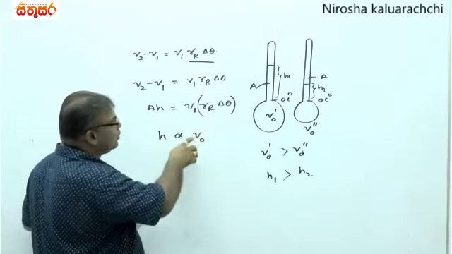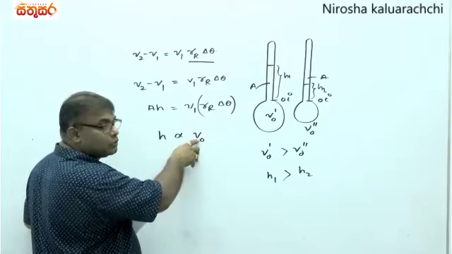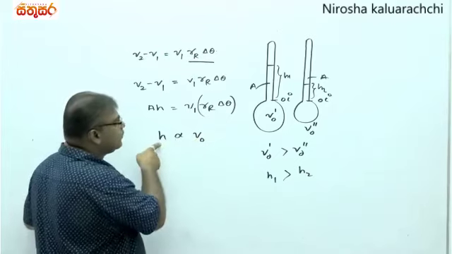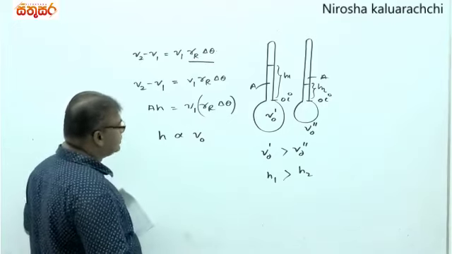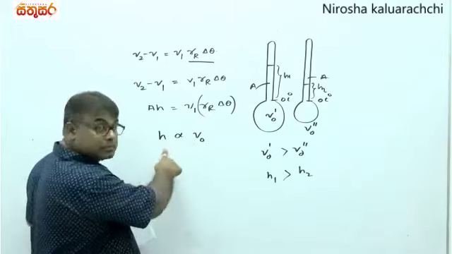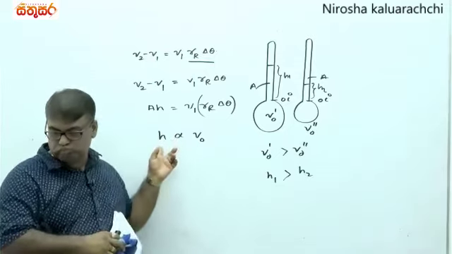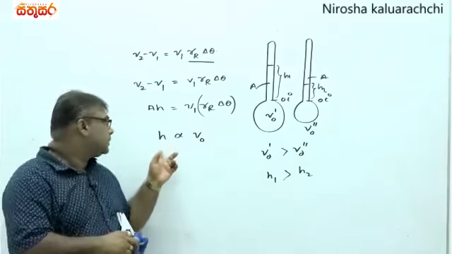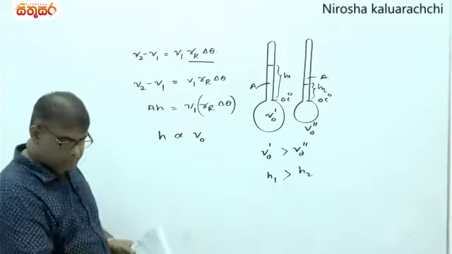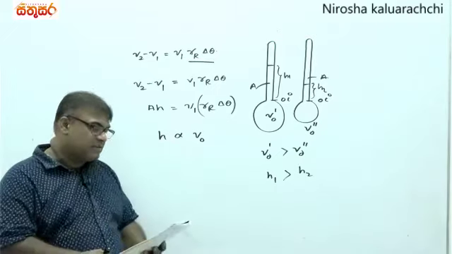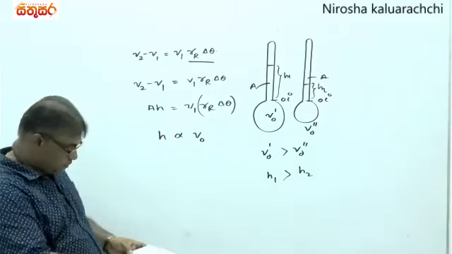As the initial volume is a dependent factor for the rise of the mercury column, the large mercury bulb should have high sensitivity. High sensitivity. Right.